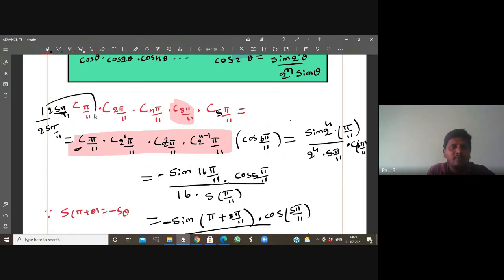Now it is in the form of 2 sine theta cos theta, we can write sine 2 theta, nothing but sine 2 pi by 11. See here sine 2 pi by 11 cos 2 pi by 11. Again multiply and divide by 2. In the denominator we get sine pi by 11 fixed. In the numerator again we can multiply and divide by 2 and apply sine 2 theta, again and again like that.